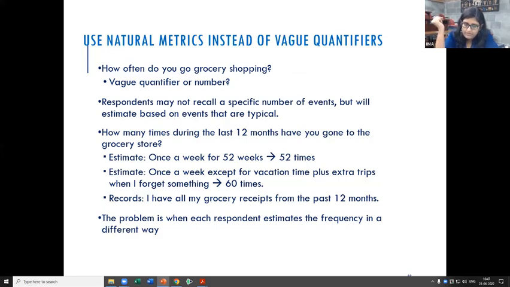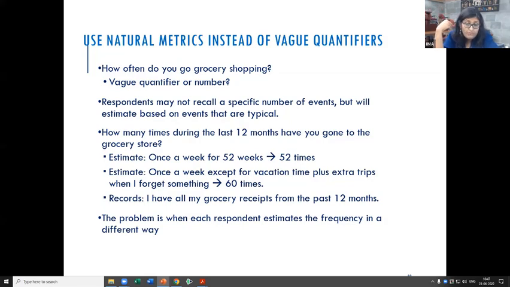Now, the problem with a number is that different people will calculate their numbers differently. If you ask me how many times have you gone grocery shopping in the last year, I will say, okay, 1 year, 52 weeks. I go every Sunday. So maybe 52 times. But there are certain weeks when I was traveling, so I did not go, and certain weeks when I had to go multiple times because I forgot something. So maybe 60 times.